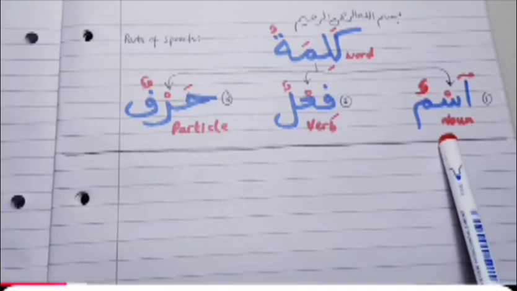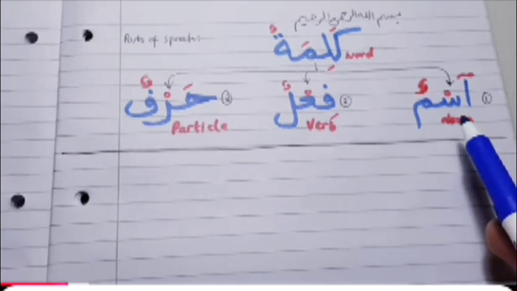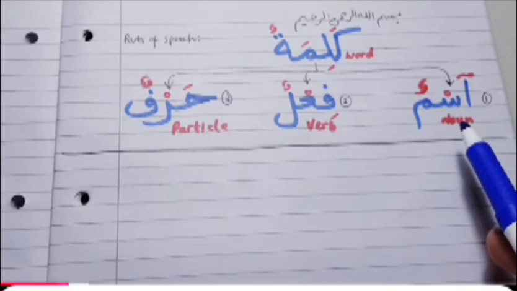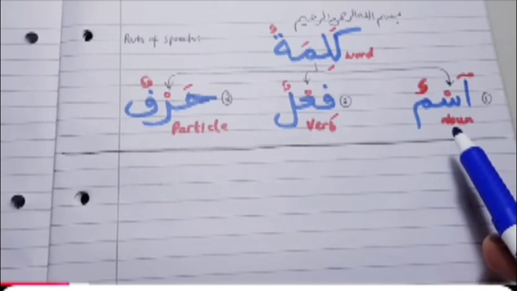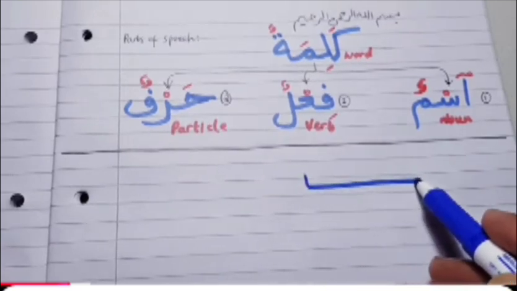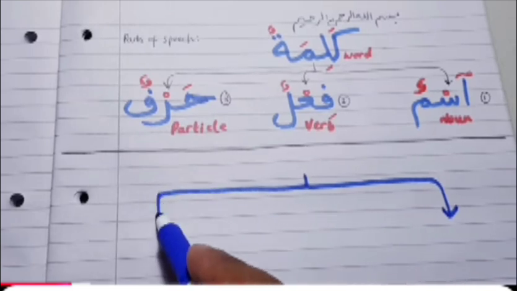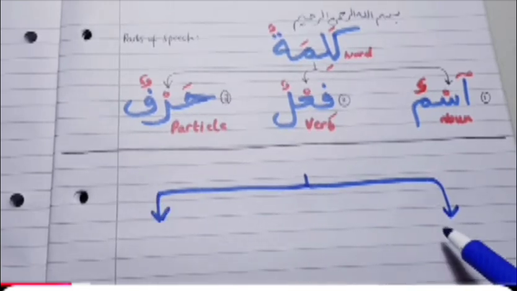We're going to look at nouns from various perspectives. Nouns in the Arabic language all have a gender. The gender is either going to be masculine or feminine.